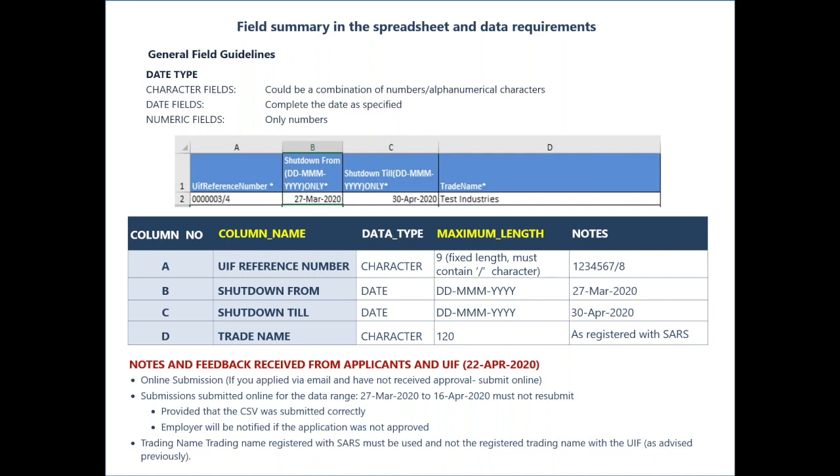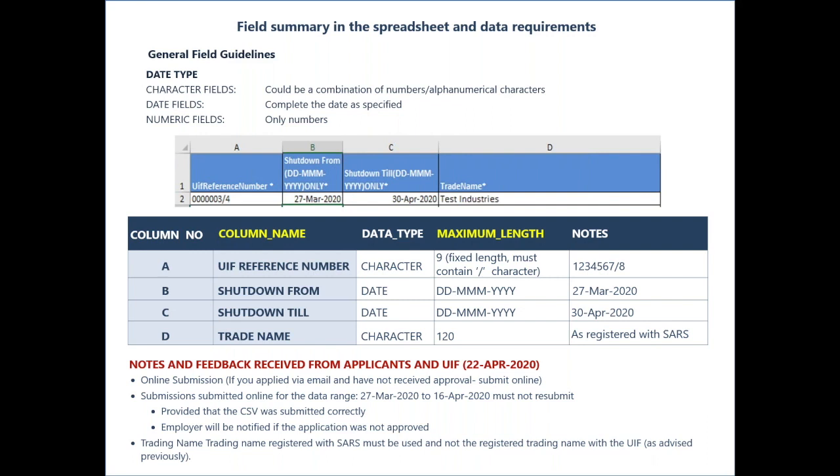If your CSV file had any errors, you will be notified by the UIF that your application was not approved, which means you'll need to resubmit. That would probably be because the CSV information was incorrect, or bank details couldn't be confirmed or verified. Those are the 2 main reasons at this point why a submission would be rejected.